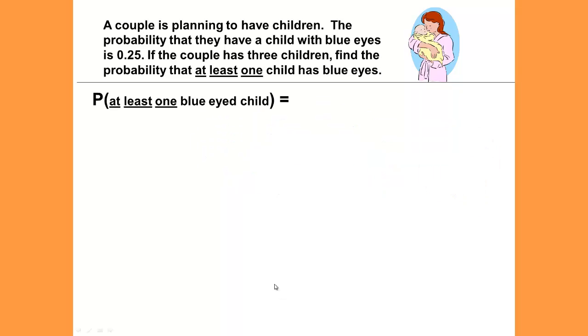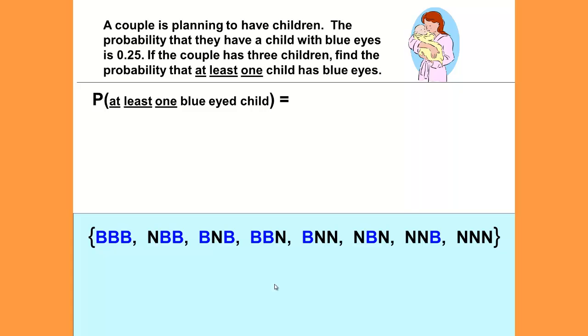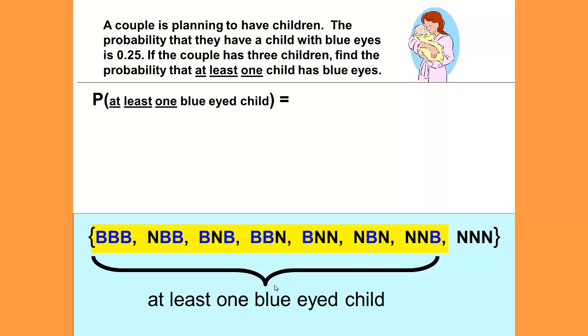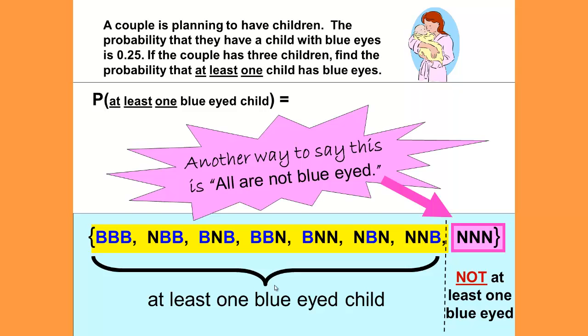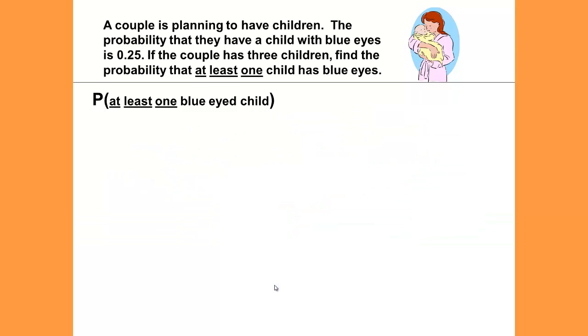So we will redo this example using the complements, and this is what you should do to do the problem. The probability of at least one blue-eyed child. Look at what your at least one blue-eyed child would be, and not at least one blue-eyed child. Another way to say this is all not blue-eyed children. So 1 minus the probability of not being at least one blue-eyed child.